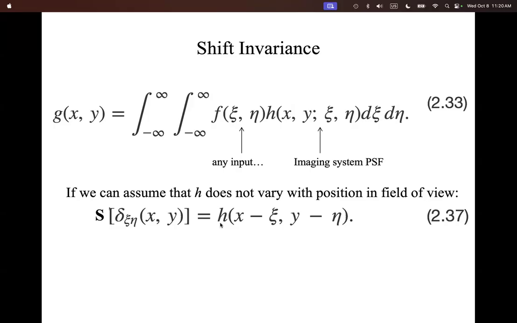So this is like if I have a specific blob that defines my point spread function, and that blob is spatially independent in the field of view, then I can use this as my impulse response function to do the hard work up here. Okay.